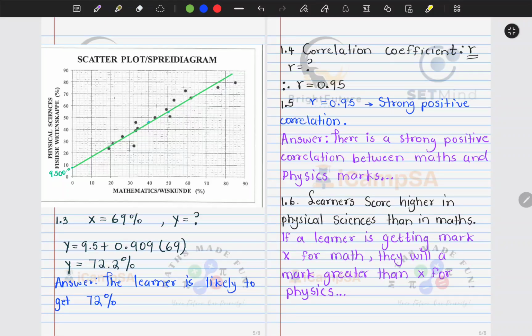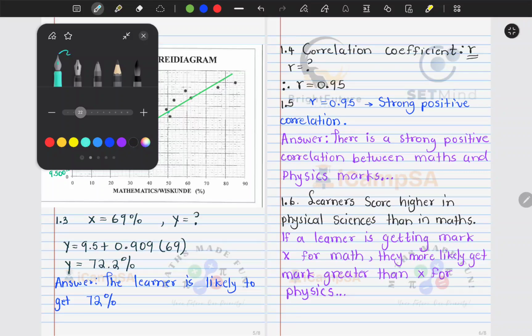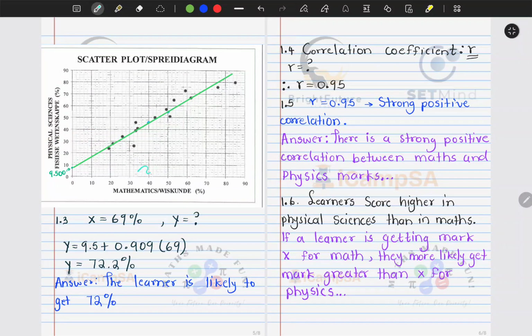In fact, we should say they will more likely get greater than X for physics, because there are exceptions, as you can see. For example, if you look at this learner here, for maths they got just above 30, but for physics they just got below 30, you see? This is an example of an exception.